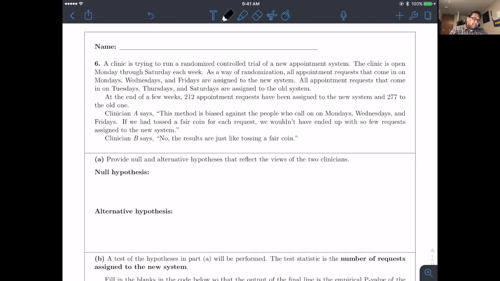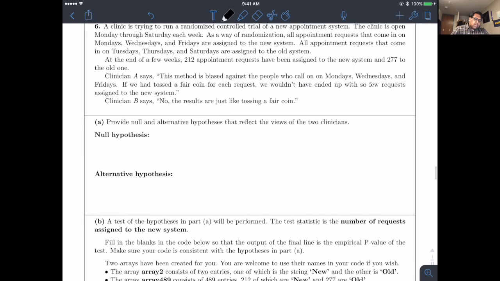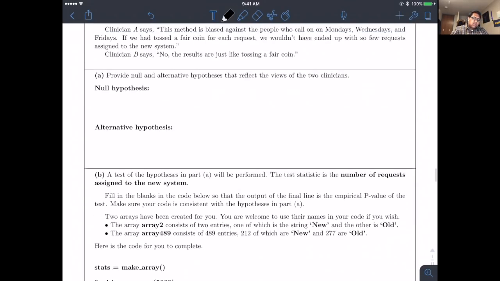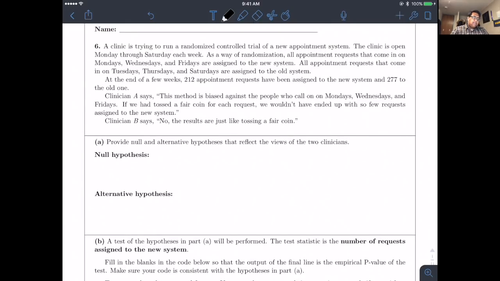And clinician B says, no, the results are just like tossing a fair coin. So our null hypothesis and our alternative hypothesis in this case, and our simulation, will be based off the fact of checking to see whether or not this could occur, given that the assignment of Monday, Wednesday, Friday, and Tuesday, Thursday, Saturday is 50-50, right?